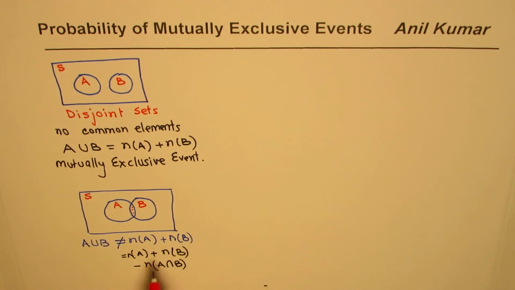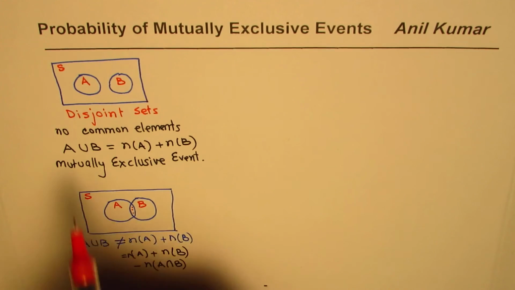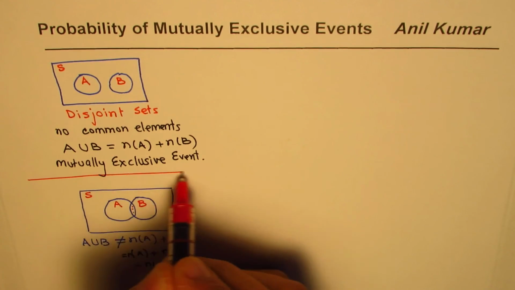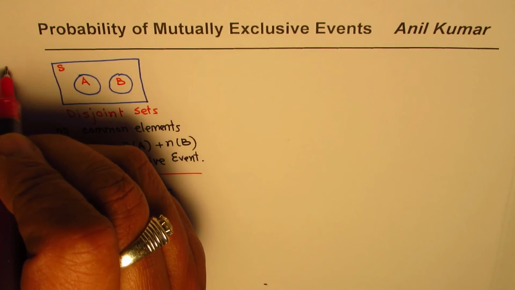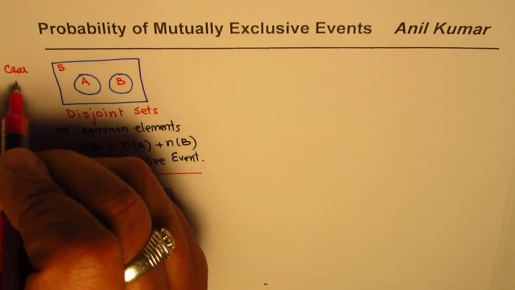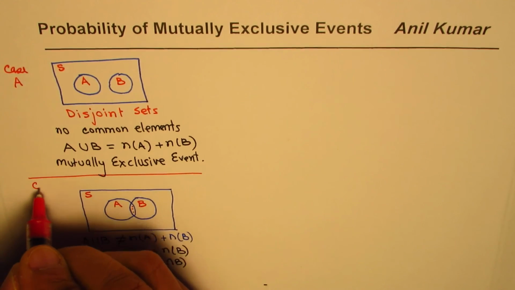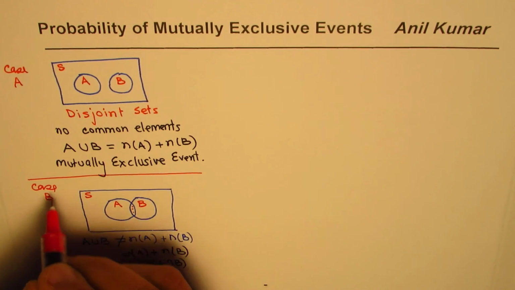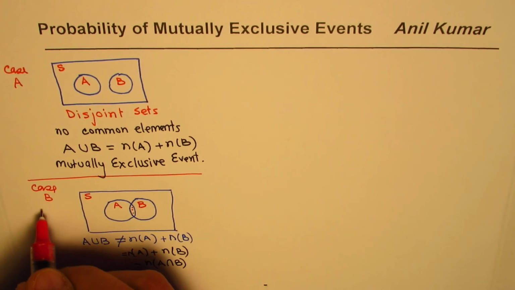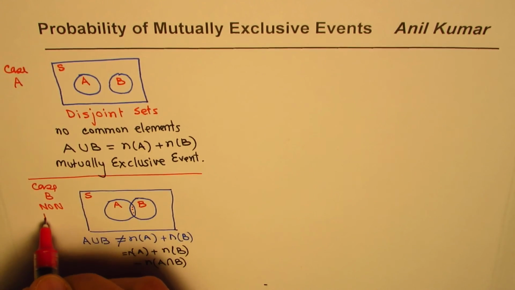And these events which we're talking about, let me just draw a line here. Let's say this is case A, and this is case B. So in that case, these are non-mutually exclusive.